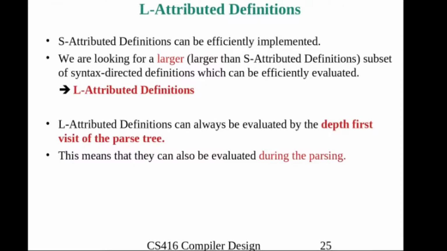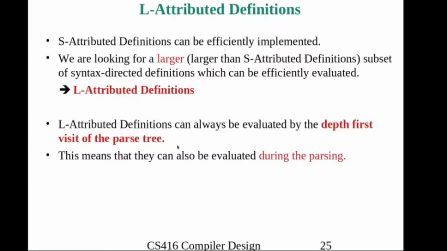Then the second category, L attribute definition, which is a little bigger class of SDD. S attribute definition can be efficiently implemented with the help of bottom-up or top-down parsing, and we are looking for a little bigger class of SDD. L attribute definition can always be evaluated by a depth first visit of the parse tree.